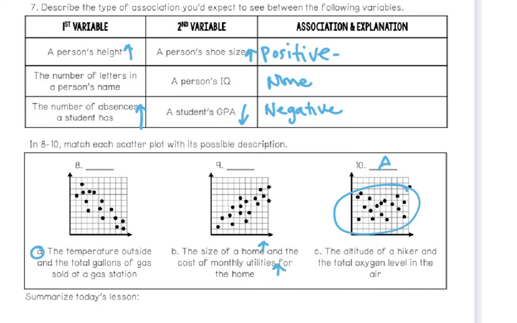So we would say that would be letter E right here. The last one talks about the altitude of a hiker and the total oxygen level in the air. As the hiker climbs, the oxygen level will decrease. As he's getting higher, as that's increasing, his oxygen is decreasing. So that would show a negative relationship, which would be letter C right here.